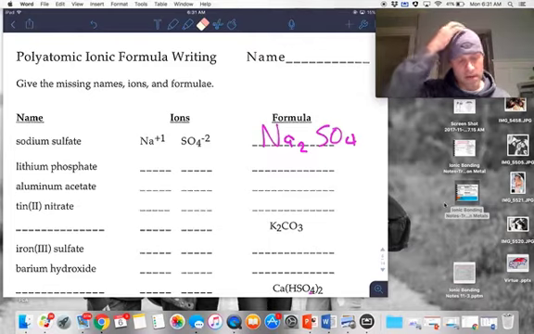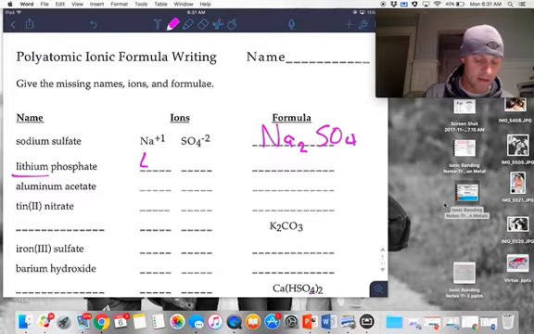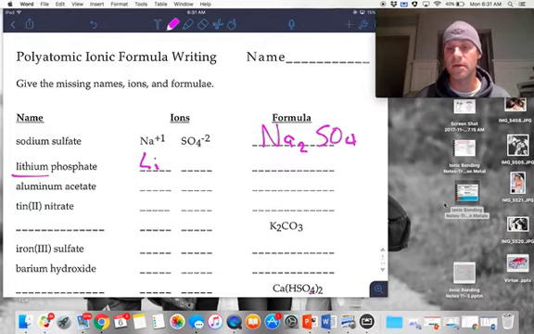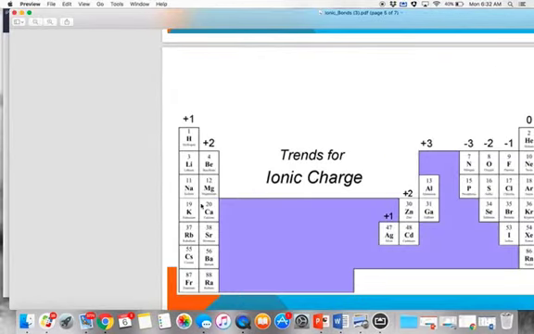Okay, let's try another one. Next one is lithium phosphate. So I look at my periodic table, I find lithium. Lithium is Li. It's also in the first group. Here's lithium, right? It's in group number 1, so it's going to have a charge of plus 1.